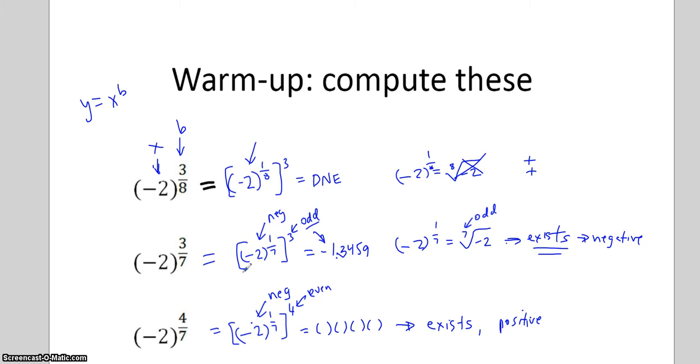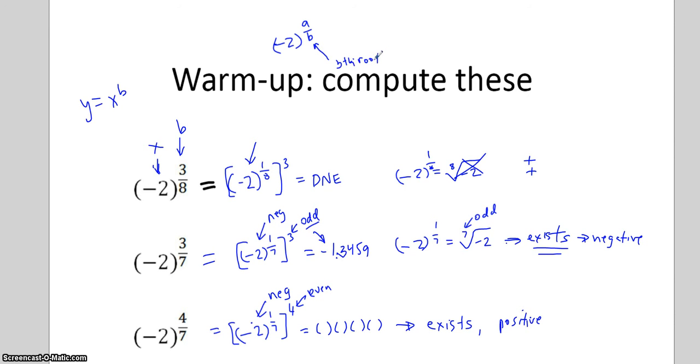So hopefully this little warm-up will give you some clues about some of the patterns, especially when we think about the power function with fractional exponents. And maybe just to recap what's going on here up on top. If we have a negative number raised to the a over b, where we express this as a fraction, that b we're going to think of as the bth root when we rewrite this, right?